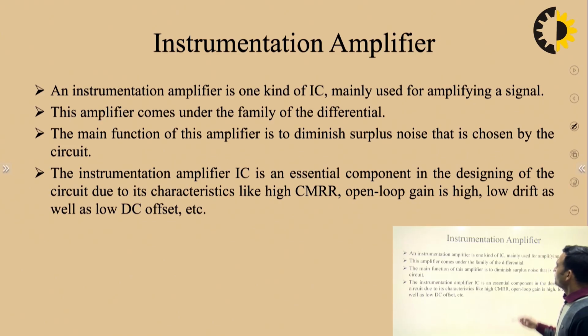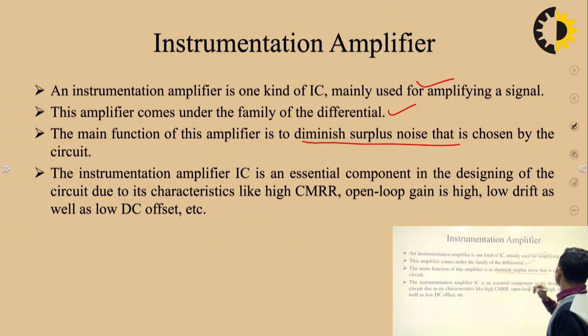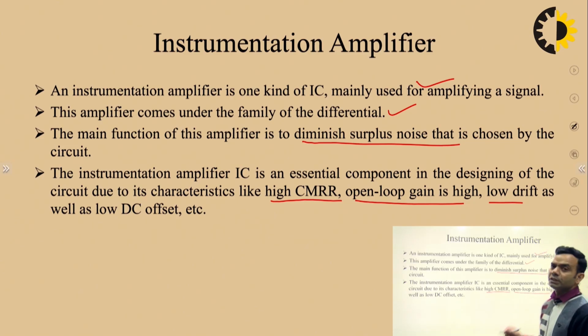So, an instrumentation amplifier is one kind of IC mainly used for amplifying signals. The amplifier comes under the family of the differential amplifier. The main function of this amplifier is to diminish surplus noise that is picked up by the circuit. The instrumentation amplifier is an essential component in the designing of circuits due to its characteristics like high CMRR, high open loop gain, low drift as well as low DC offset.